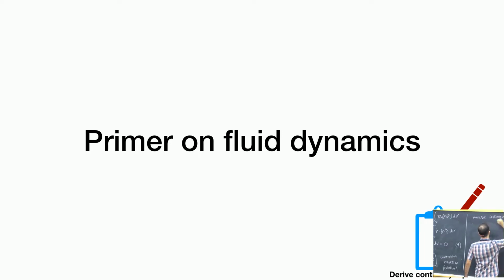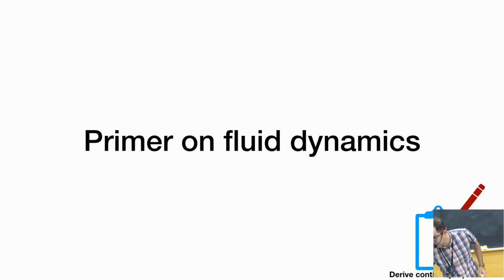I will come back to this, but you can also treat the fluid from the standpoint of somebody who is moving with the fluid. Let's imagine this was a fluid element. The Eulerian version considers an observer which is stationary, and the observer sees the fluid element moving through. Oh my God, where is this fluid element going? If I was that observer, I would use the Eulerian version of the equation.